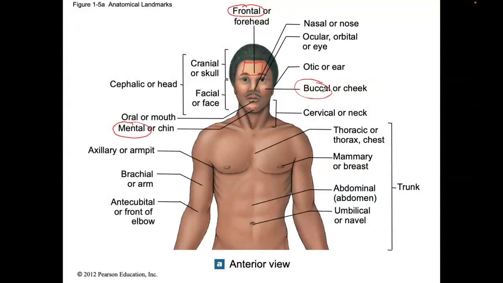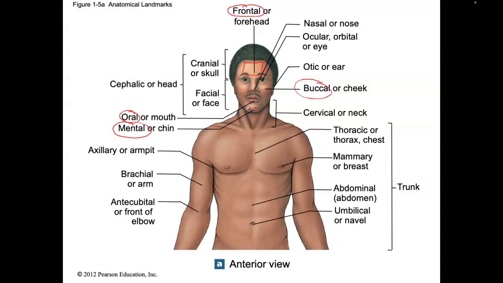When we do a muscle called the buccinator, you'll have an idea where that is. The mouth is called oral. We'll do a muscle around the lips called orbicularis oris. Oris, oral, sounds the same.